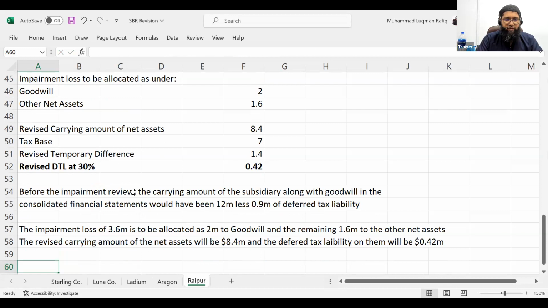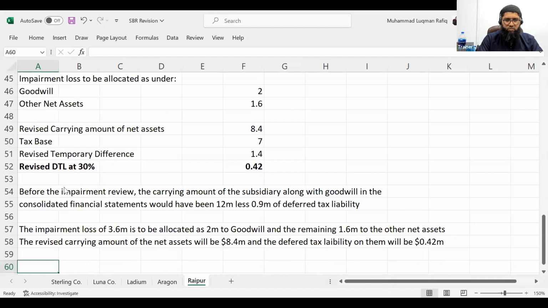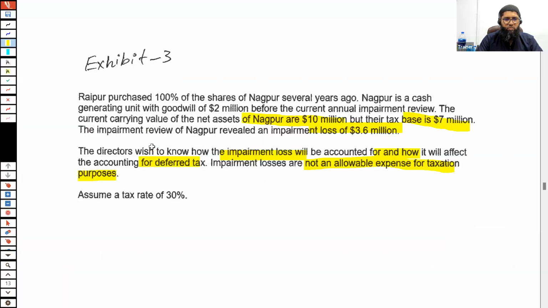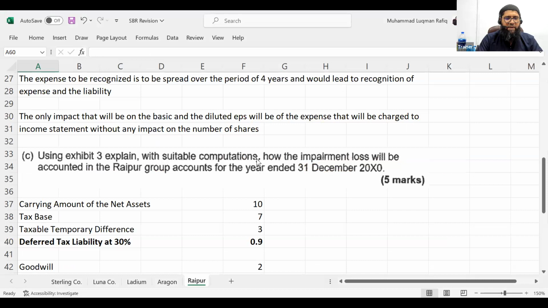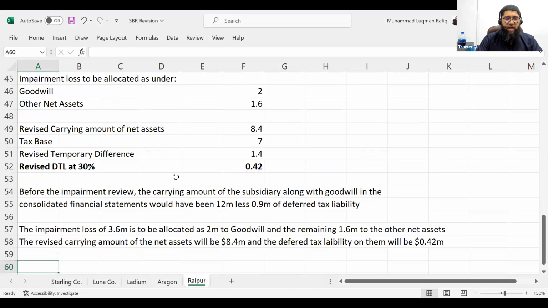The requirement was how the impairment loss will be accounted for in the group accounts. So this is how the revised carrying amount is going to be. You get my point?